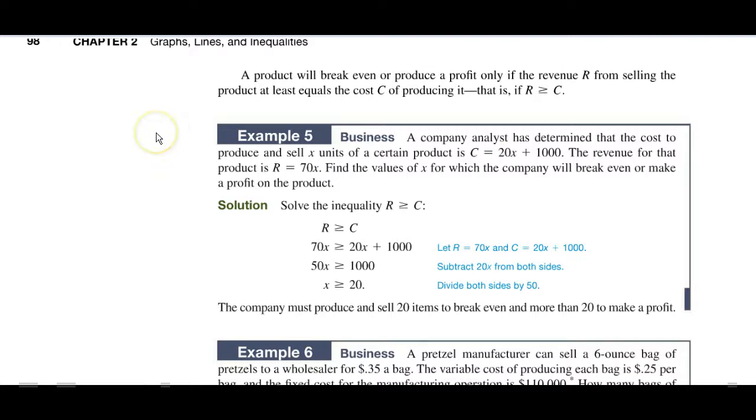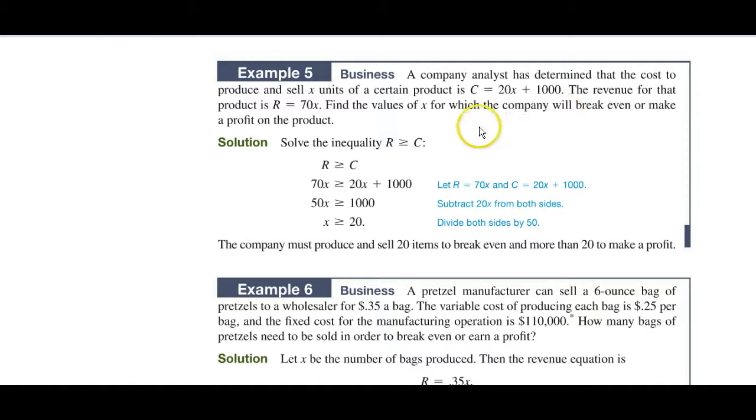Going on now to a word problem giving some background. It says a company will only produce a profit if its revenue, R, is greater or equal to the cost.